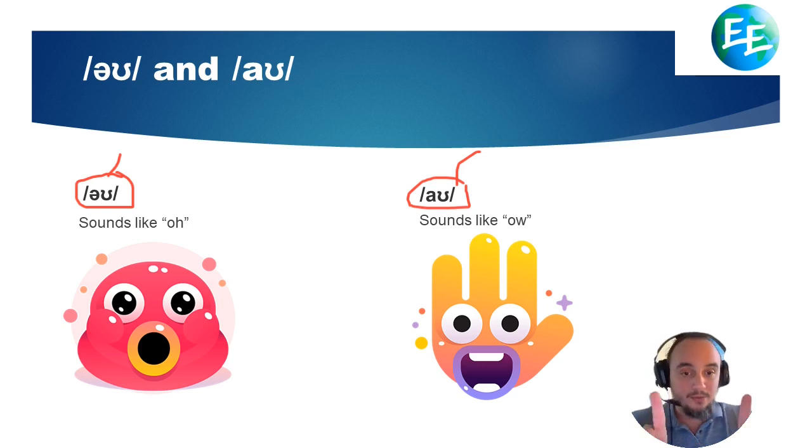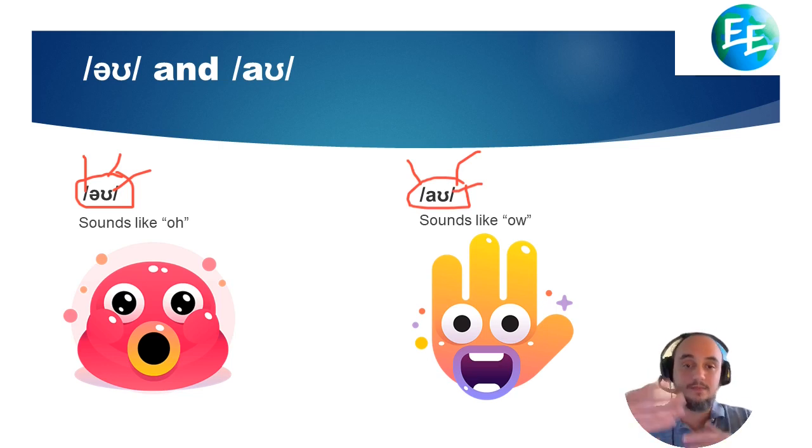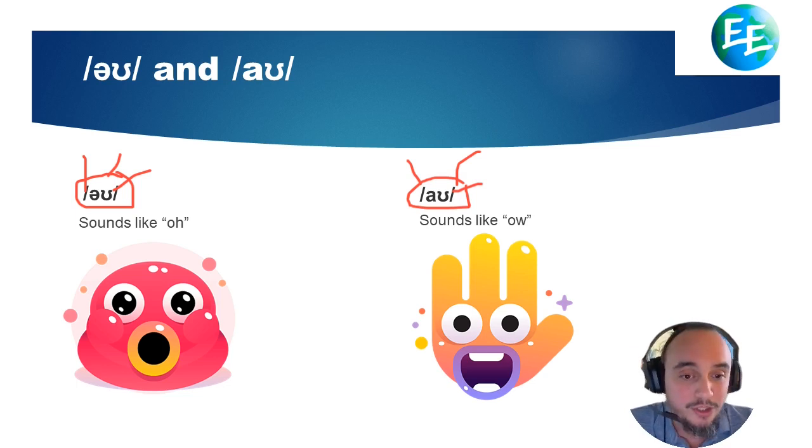So it's a pair. We have a pair of sounds. The first one is going to be different, and the second one is going to be the same in this case. In the other ones that we'll look at, it might be the other way around. But in this case, both of them are going to share that second sound here.